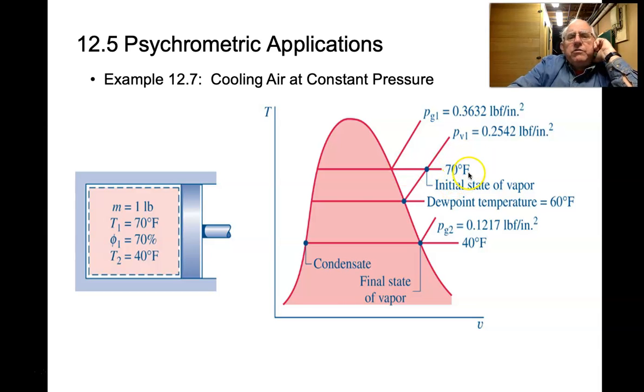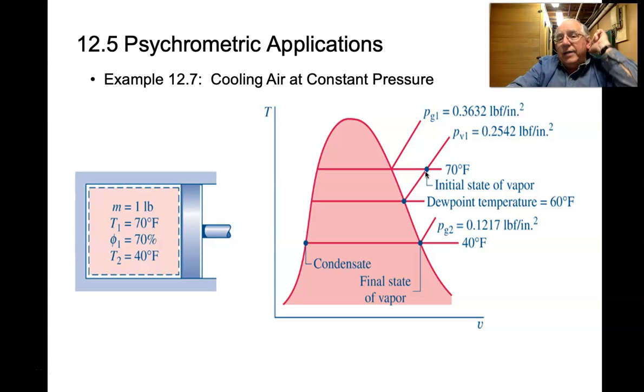So at 70 degrees Fahrenheit, we look up in the table and we see that the saturation pressure is 0.3632. Since the relative humidity is 70%, the actual initial point is 0.7 times this, or 0.2542. And so that gives us the initial state of the vapor.